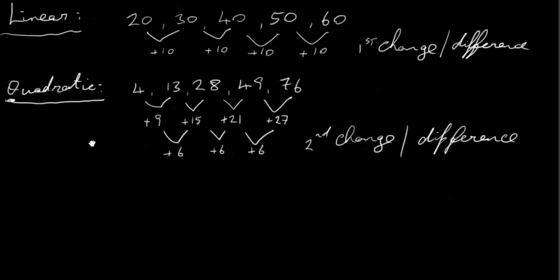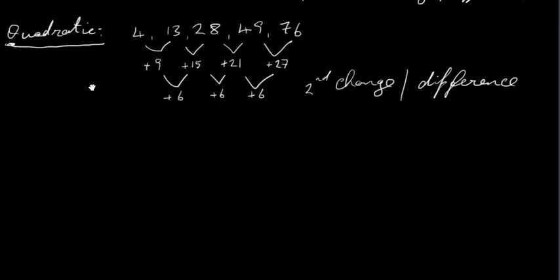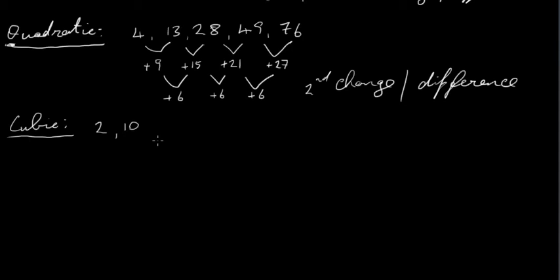Okay, so we've done linear, we've done quadratic. Now we're going to have a look at cubic sequences. So let's take the numbers 2, 10, 30, 68, 130, and 222.